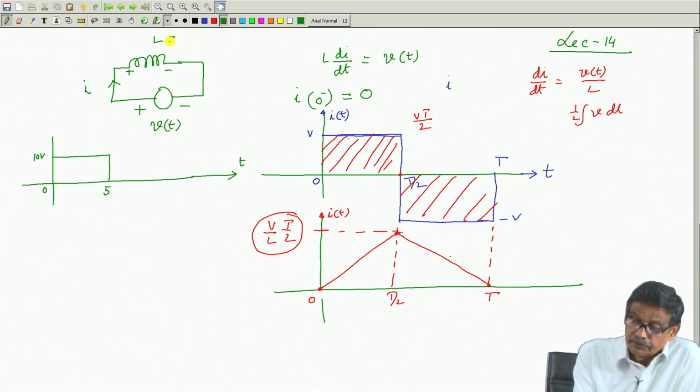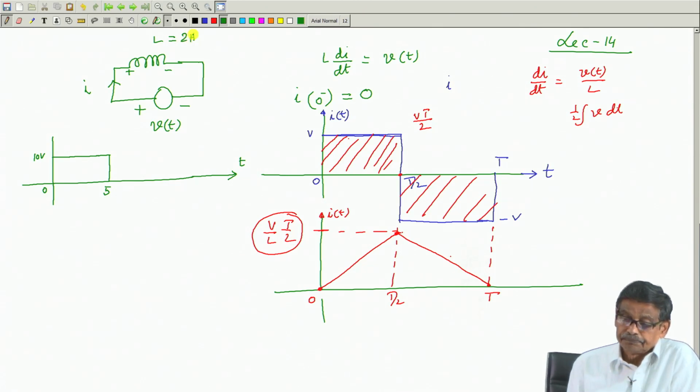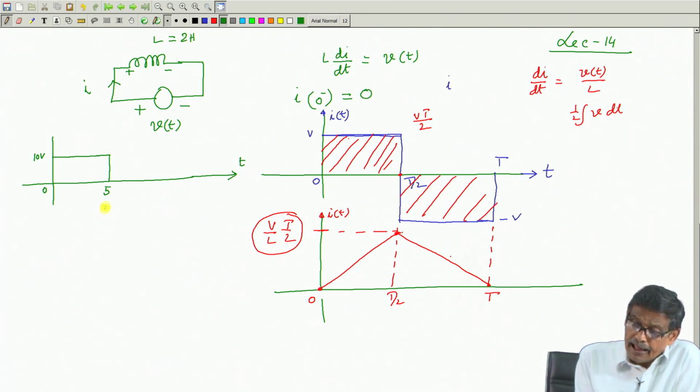L is equal to, say, 2 Henry. And in this negative half I will apply a voltage of minus 5 volt. This is 5 seconds, mind you.